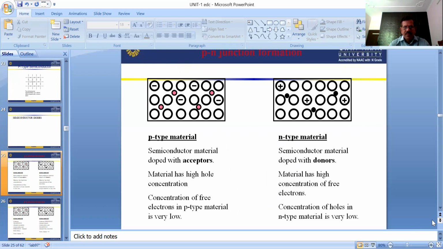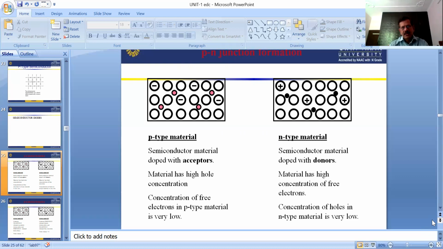After formation of p-type and n-type, a p-n junction diode is formed. A diode is a simple two-terminal device, whose terminals are the anode and the cathode. Anode is the positive terminal and cathode behaves as the negative terminal.